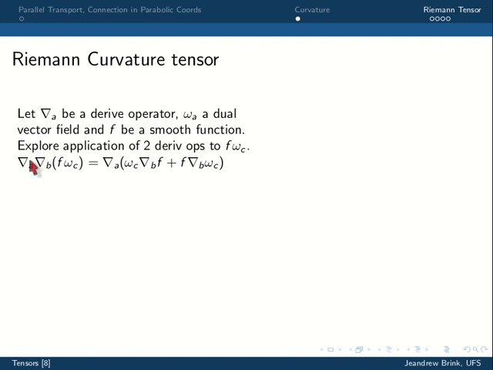So we have the gradient of A times the gradient of B of fω_c, which equals the gradient of A applied to ω_c times the gradient of B of f, plus f times the derivative operator of B applied to ω_c. Then we apply the other one, and once again use Leibniz's rule, so we have ω_c times gradient A gradient B of f, plus the gradient A applied there times ω_c times the gradient B of f, plus the same thing to those two. What we can then do is simplify this a little bit further.